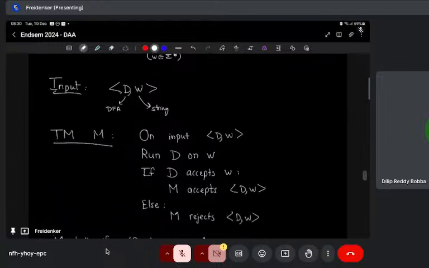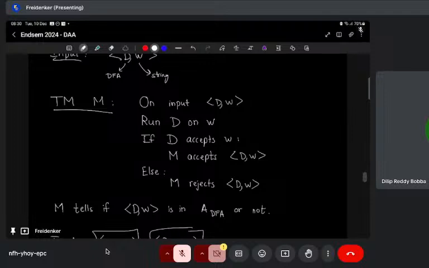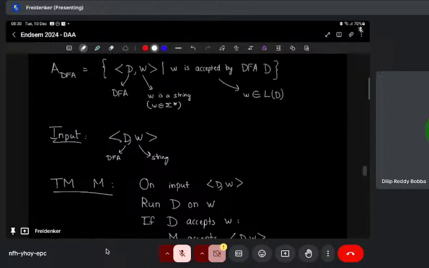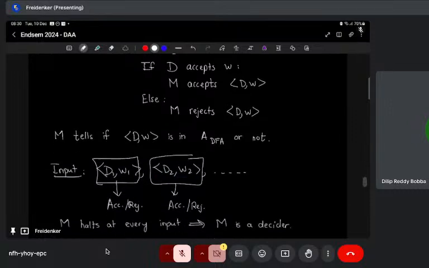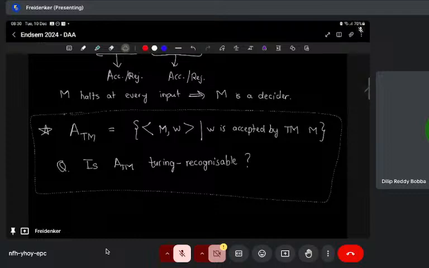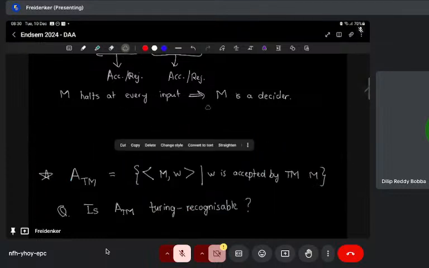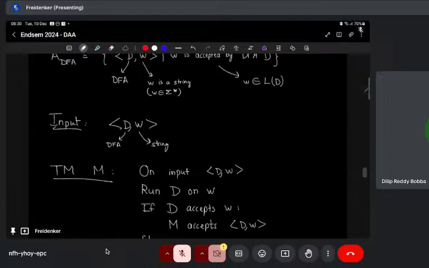Right? Because if I collect all the tuples that M accepts in this case, that would form my ADFA. So the language of M in this case is ADFA, isn't it? Let me divide this into points.